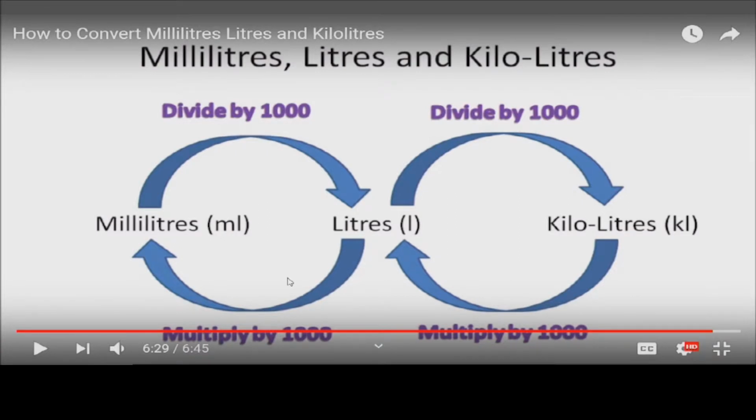And then to go from liters to kiloliters, we multiply again by 1000. Because 1000 milliliters equals 1 liter. And 1000 liters equals 1 kiloliter. Any questions? No. Okay, so now let's have a look at the PowerPoint presentation.